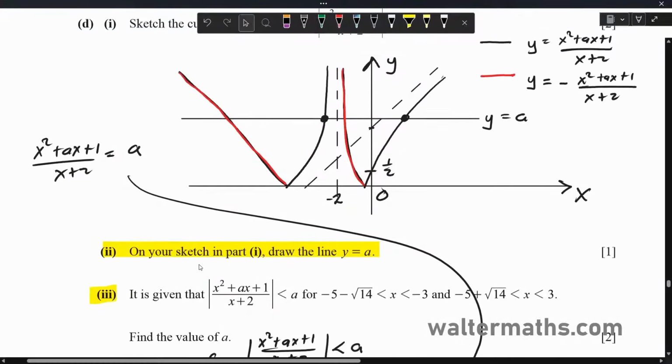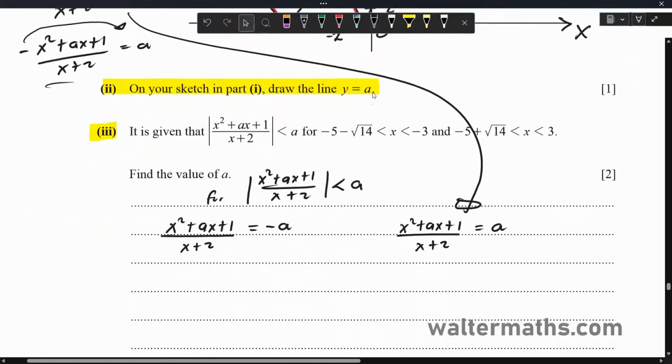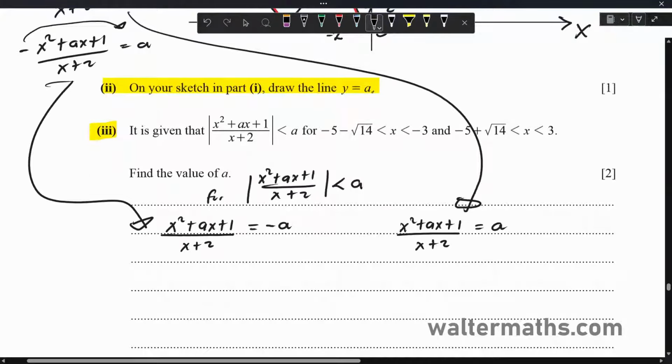And where the line y is equal to a intersects with the red line, this one and this one here, is where minus of x squared plus ax plus 1 over x plus 2 intersects with the line a. We can take the negative sign to the left and say this is equal to minus a. So this equation is equivalent to this. Basically what we're trying to do is find those points of intersection.